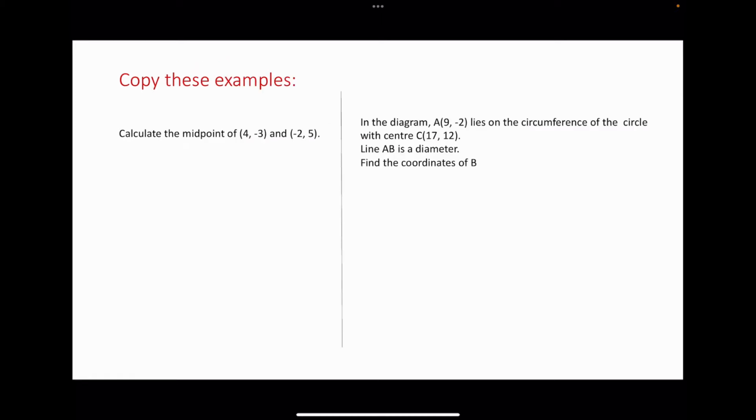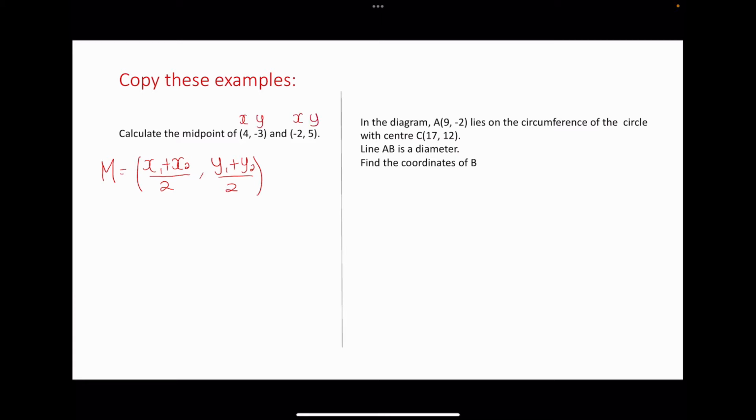So here we've got two examples, starting with the example on the left. We're being asked to calculate the midpoint of the two coordinates given. So our midpoint is our x coordinates added together and divided by 2, our y coordinates added together and divided by 2. As always, remember coordinates are made up of an x and a y.